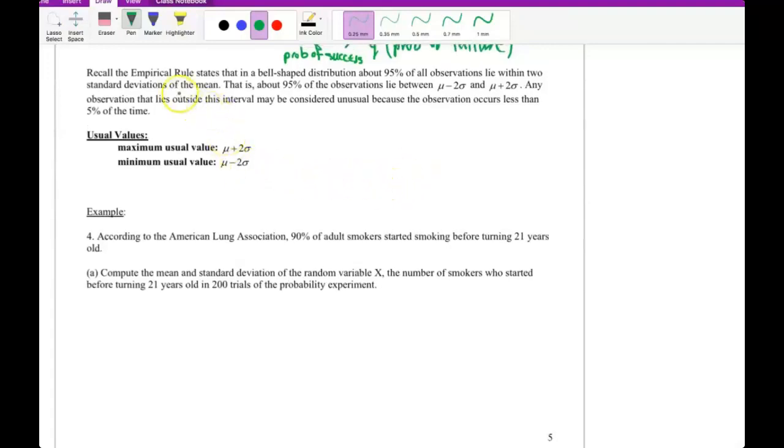Okay, hope you remember the empirical rule, which was based on bell-shaped distribution. On this part, we're going to use within 2 standard deviations. So within 2 standard deviations, mean plus 2 times standard deviation is our maximum usual value, and mean minus 2 times standard deviation is our minimum usual value.